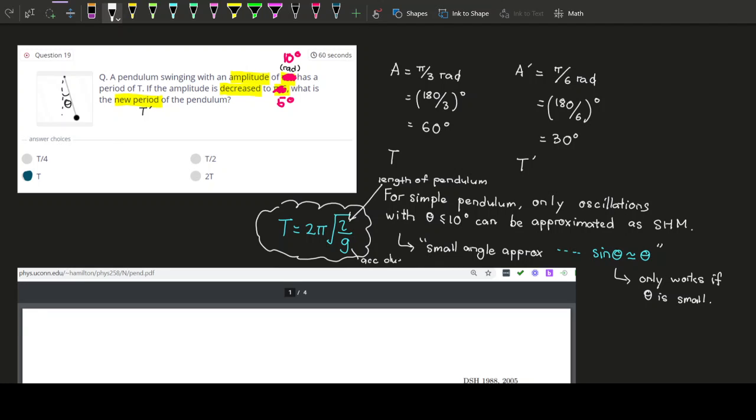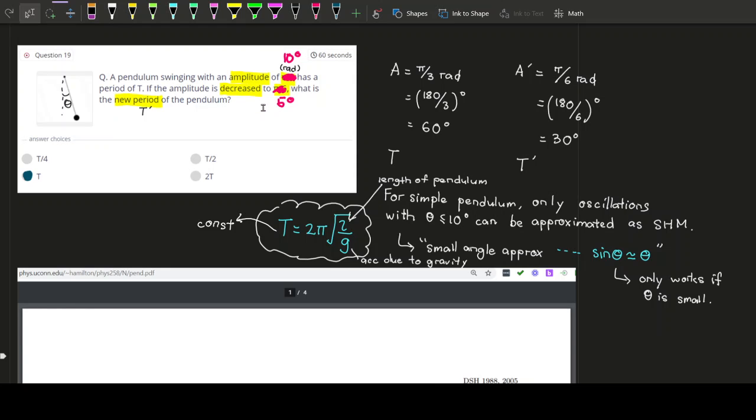Only a change in these two quantities can cause changes in the period of the simple pendulum. So in this case, if we reduce the amplitude, it doesn't change the length of the pendulum, and it doesn't change the acceleration due to gravity. In that case, your period will be constant. Therefore, the answer will be capital T. That's the answer if I change this to an angle less than 10 degree.